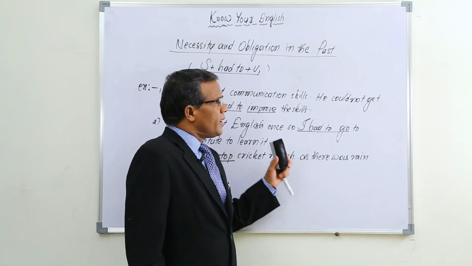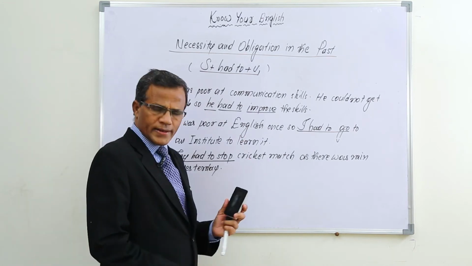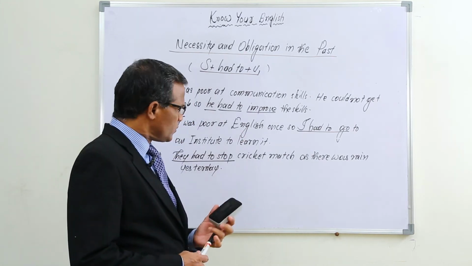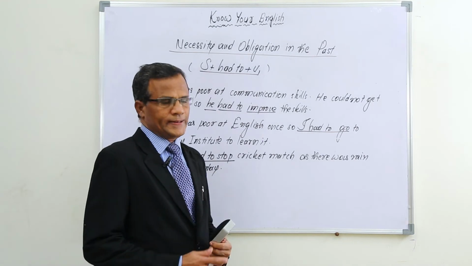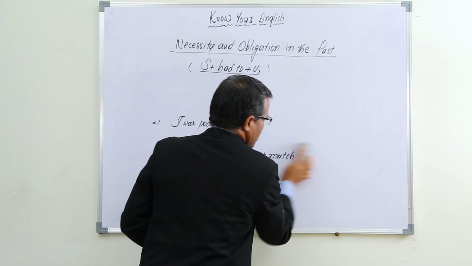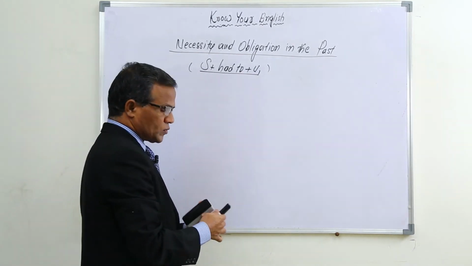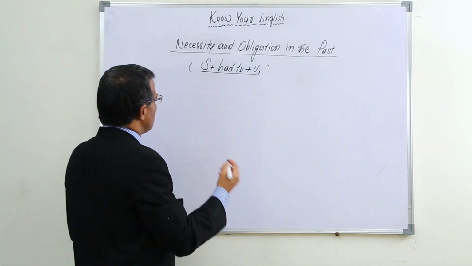Okay, and this is the way of using had to plus V1, and now we are switching over to some questions part. So how to frame questions? For framing questions in this, we have to take two helping verbs.